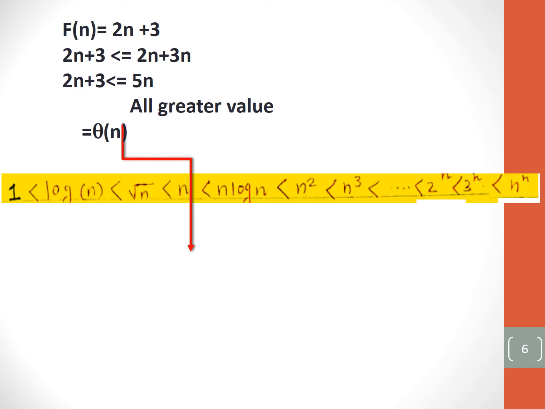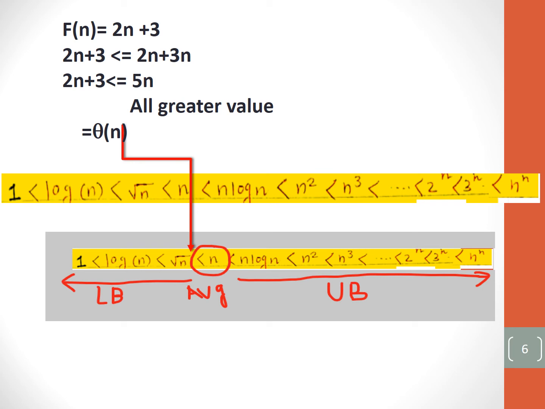If you verify this on your complexity scale, you will find that n is in between. From the left hand side it is a lower bound that goes from n to root n, then log n, then 1. So from n to 1 is the lower bound, and from n to the right hand side is the upper bound, that is n log n, n square, n cube, 2 to the power n, up to n to the power n.